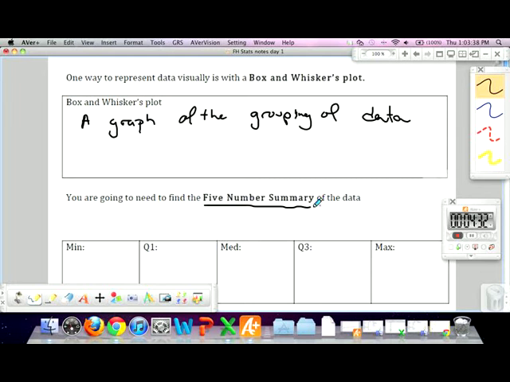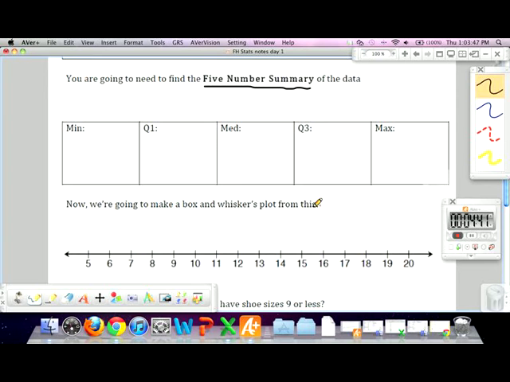What do you think MIN is? Min. What's a min? Minimum. What's another word for minimum? Smallest.